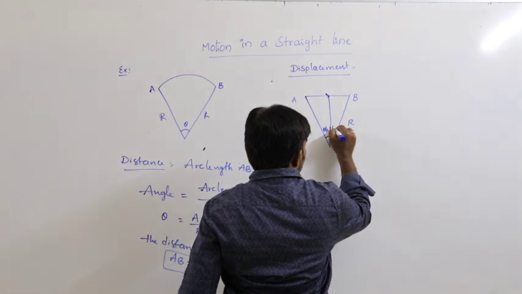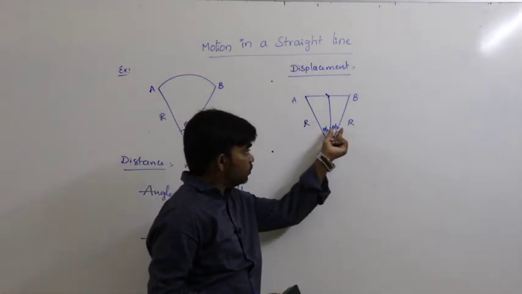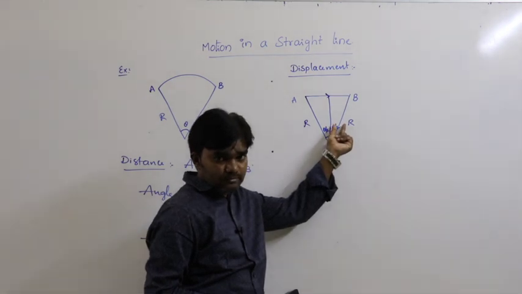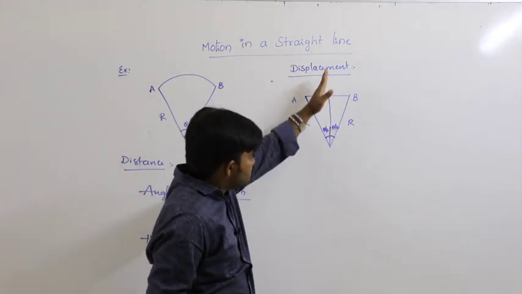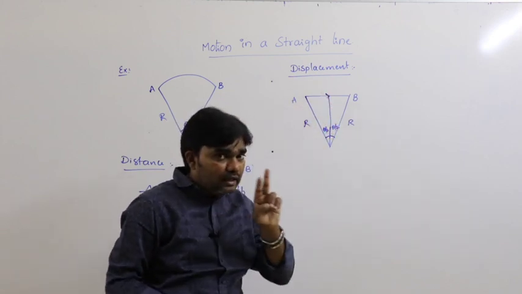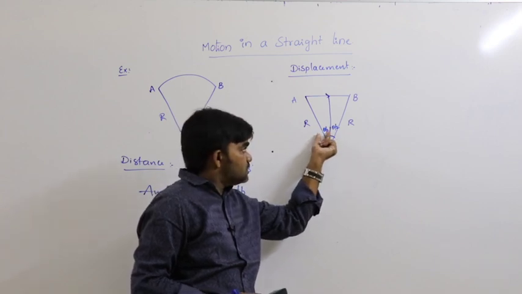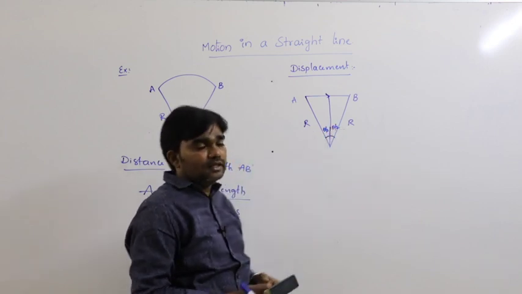Those angles are theta by 2 and theta by 2, right? The total angle is theta, so this part is theta by 2 and this part is theta by 2.